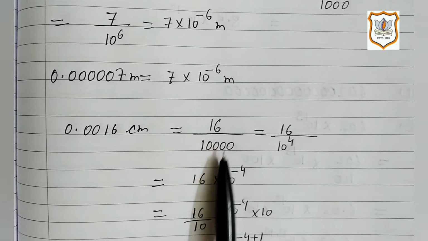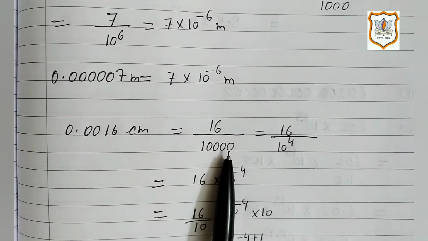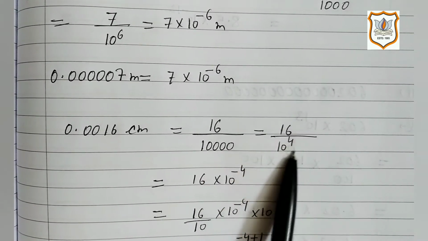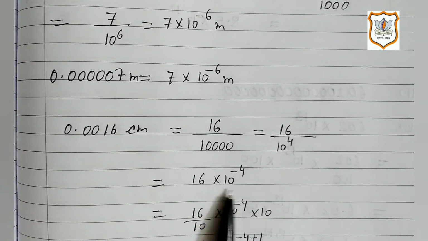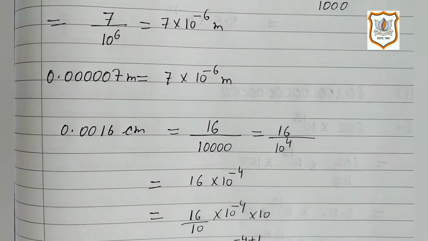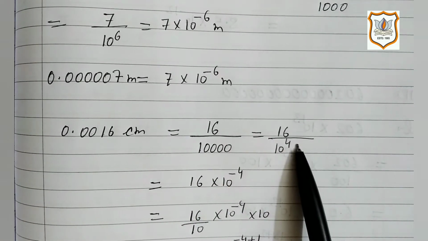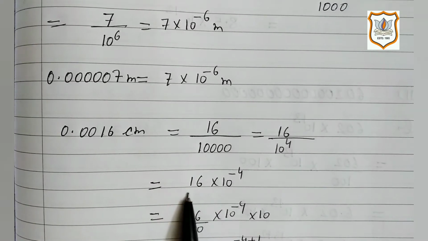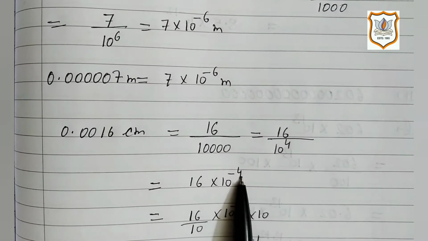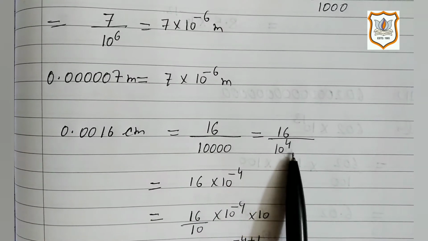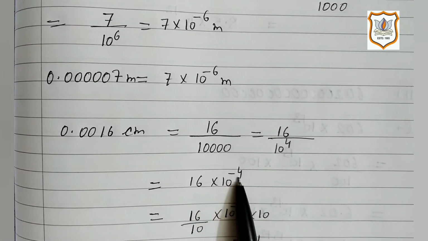So we write 16 upon 1 with 4 zeros: 1, 2, 3, 4, is equal to 16 upon 10 to the power 4, is equal to 16 multiplied by 10 to the power minus 4. Students, we can write 1 upon 10 to the power 4 as 10 to the power minus 4.